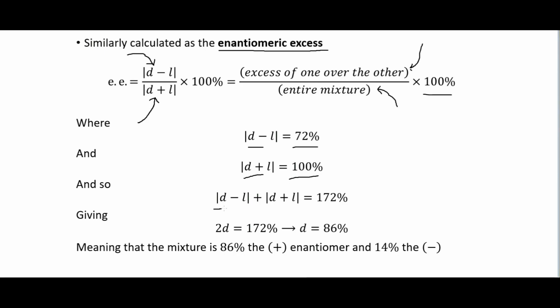So our D minus L plus our D plus L will be 172%. This negative L and this positive L cancel each other out, so we get 2D equals 172%. We divide both sides by 2, and we get D equals 86%. And so that is actually the percent of the enantiomer. So our solution is 86% the plus enantiomer and 14% the negative enantiomer.